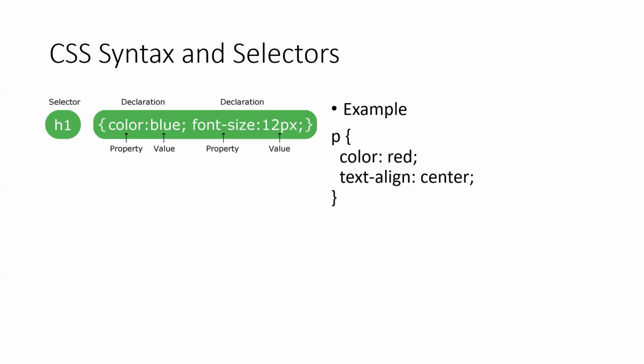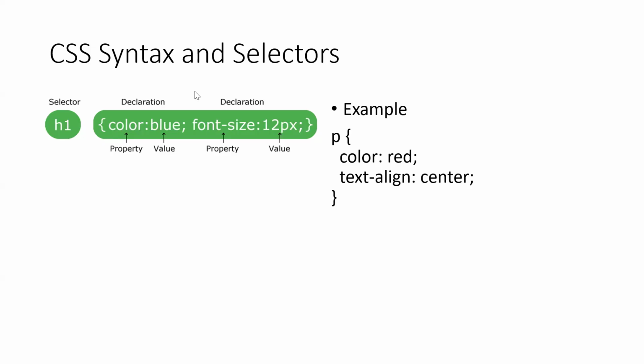Remember, there are a few things you have to note if you're a beginner for CSS. First of all, you are defining a set of what we call rules. In this particular example, we are defining a set of rules for how a paragraph should look, right?